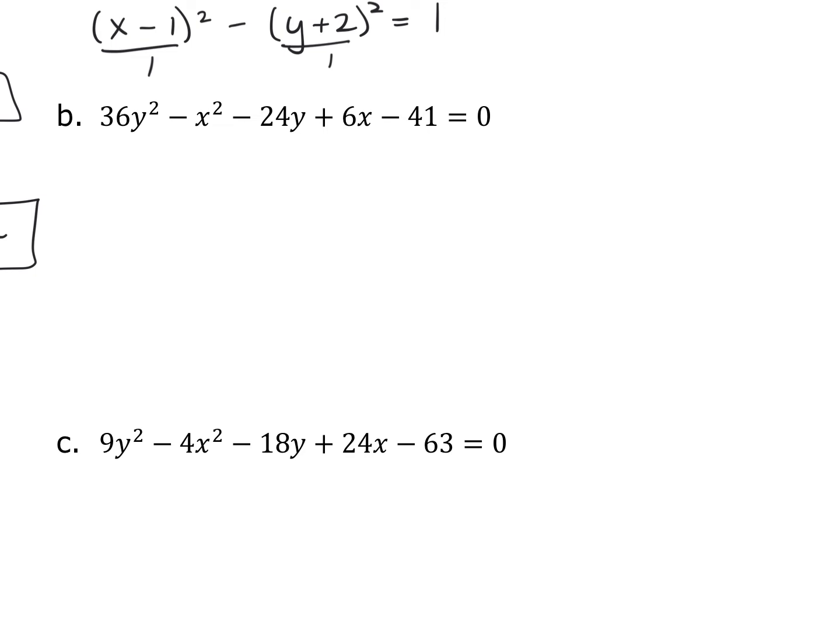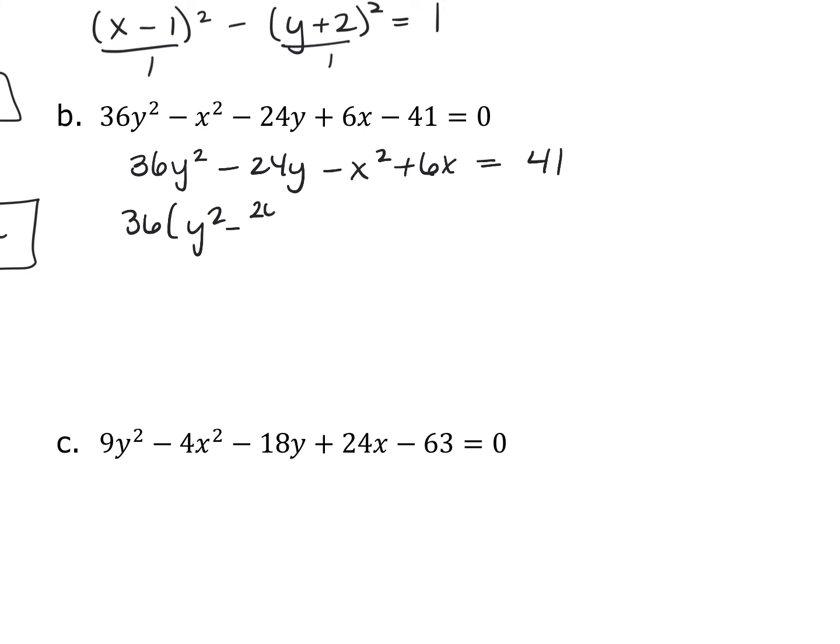Let's take a look at B. Once again, I'm going to rewrite this as 36y squared minus 24y minus x squared plus 6x is equal to 41. So 36y squared minus, we're going to have a fraction here, aren't we?